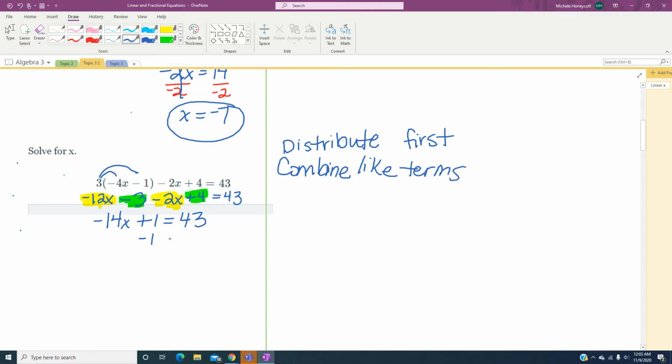So if I subtract 1 on both sides, because I'm trying to isolate the 14x, I have negative 14x equals 42. Now x is being multiplied by negative 14, so I can divide by negative 14 on both sides. And x equals, let's see, 42 divided by negative 14 is negative 3. So x equals negative 3 here.